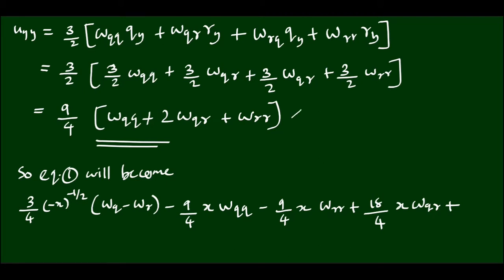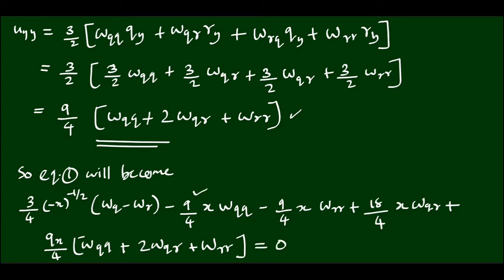Okay, so we will get 9x by 4 into wqq plus 2wqr plus wrr equal to 0.